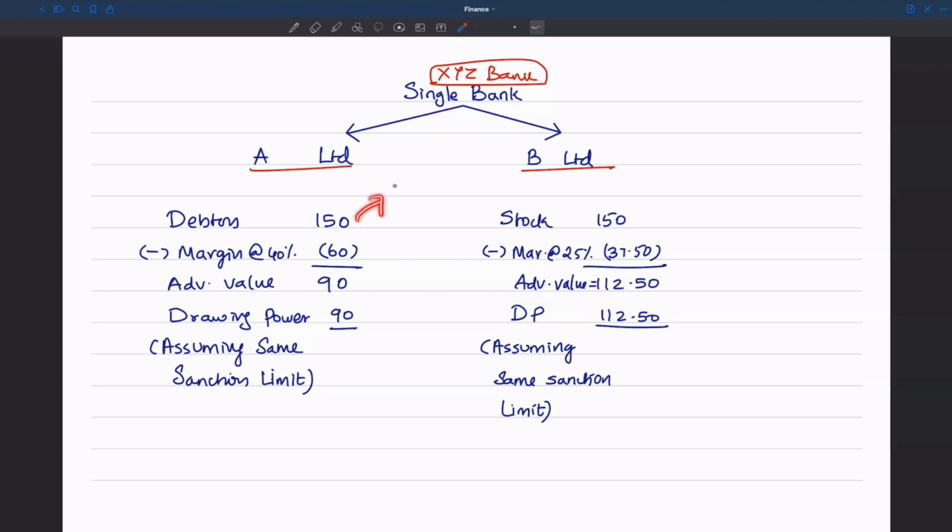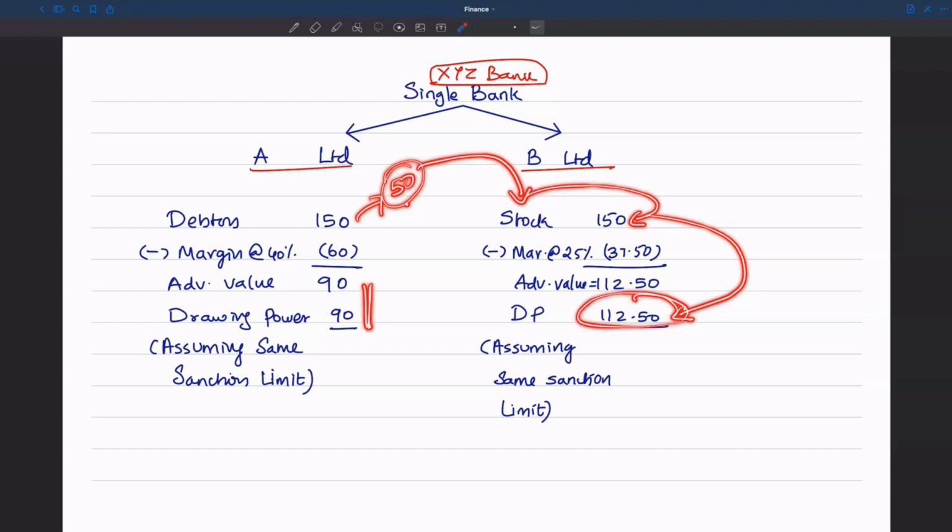Already they are at risk for having taken exposure on this balance 50. Okay, that itself is at risk. And number two, they are also going to fund this 150. Against this 150, they are going to give 112.5. When we are saying that already this is excess funding, here there is double financing also. There is double financing.